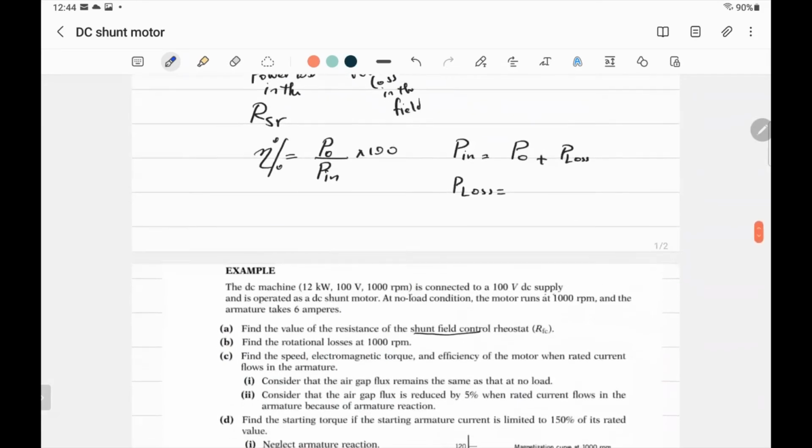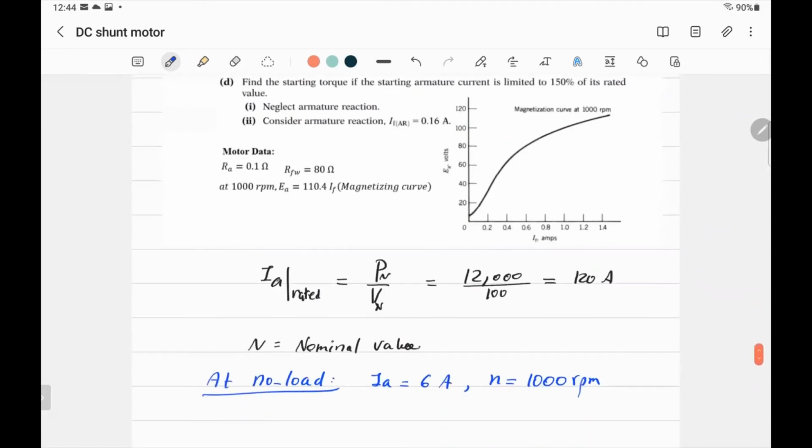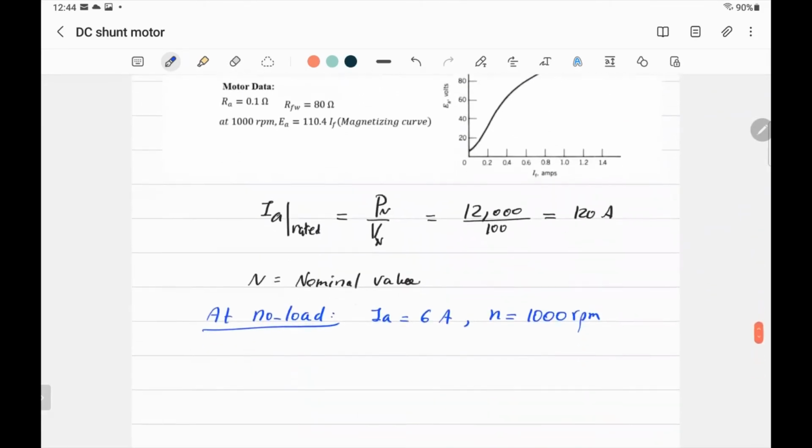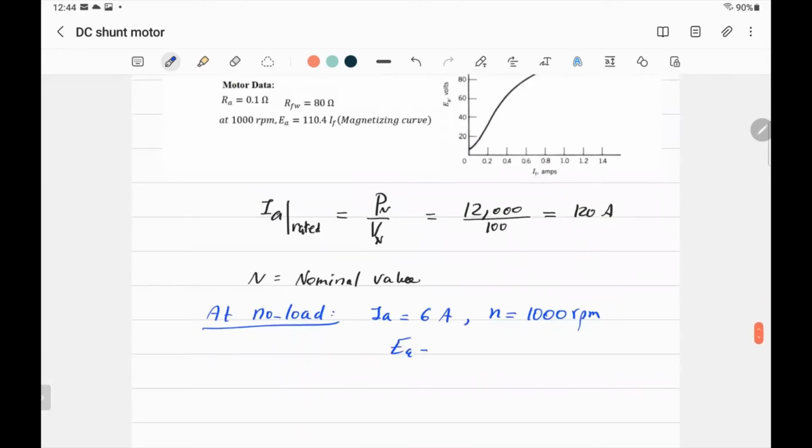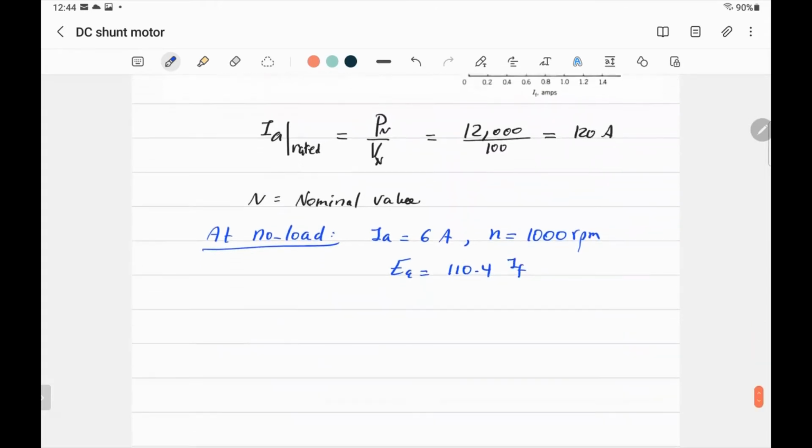And I have the equation for EA. It's given: EA is equal to 110.4 times IF. Okay.